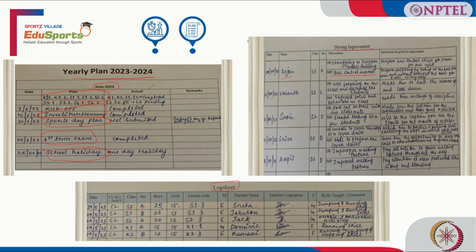So this is how you can maintain records of individual students who are slow learners, who need additional help apart from the regular PE classes, and this serves as a basis of your communication with parents in parent-teacher meetings.